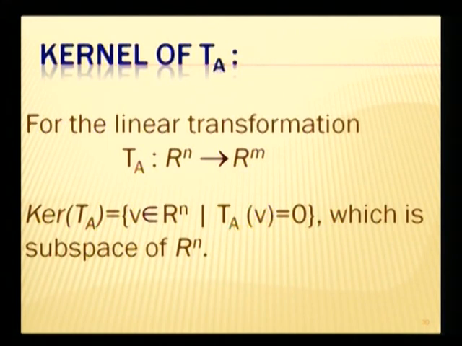Next, what is the kernel of TA? For the linear transformation TA from Rn to Rm, the kernel of TA is the set of all vectors in Rn whose images under the transformation TA are 0.